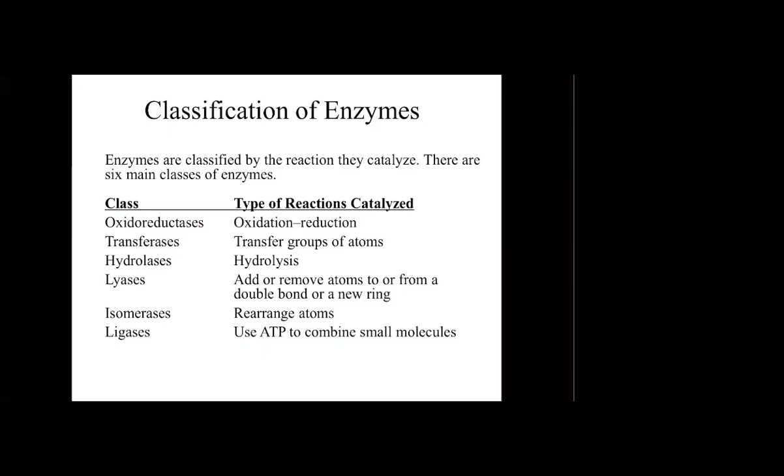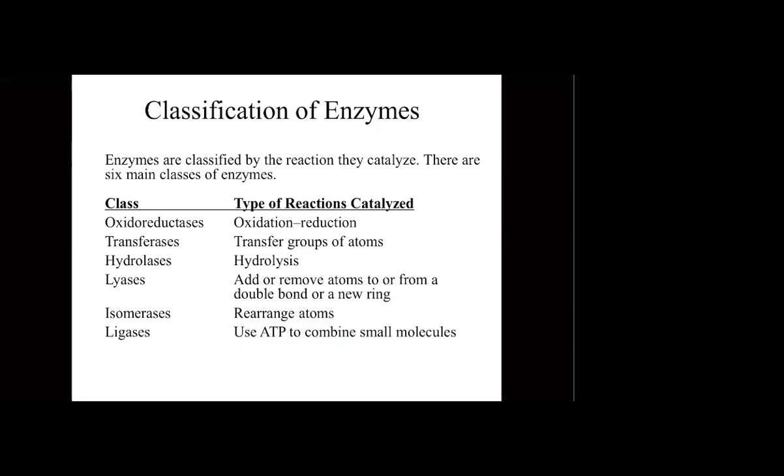So if your enzyme is known as an oxidoreductase, the reaction that it is going to catalyze is an oxidation reduction reaction. If your enzyme is specifically a transferase, it is going to transfer groups of atoms. It could be oxygens, it could be sulfurs, it could be nitrogen, it depends.